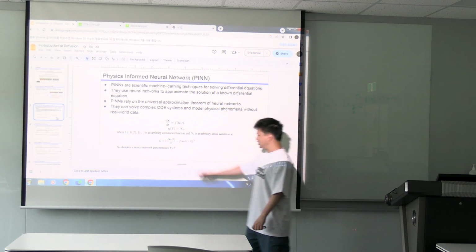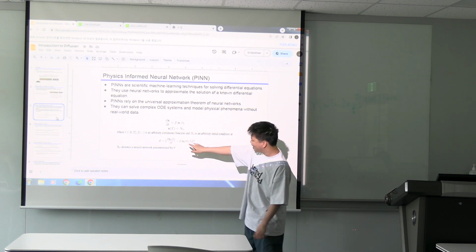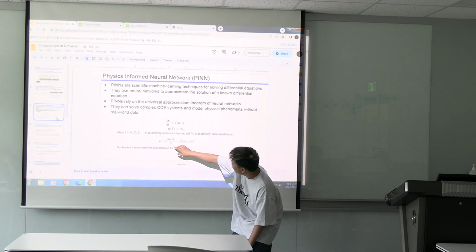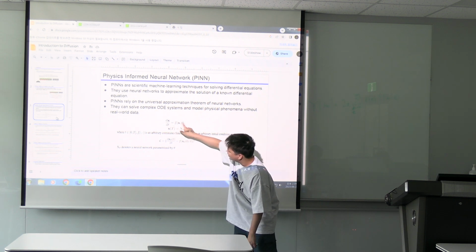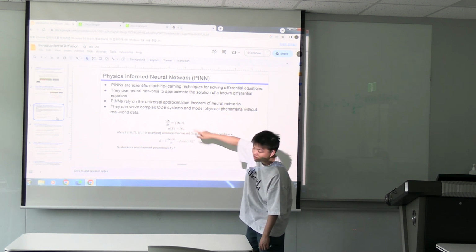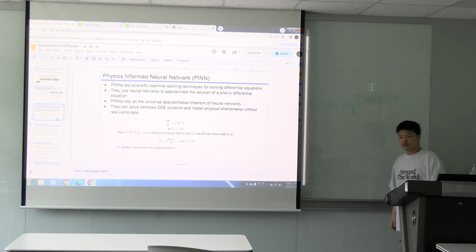So let's say I have a model x theta of t. Once I minimize this and it goes to 0, essentially x theta of t will be a solution to this ODE system. So you are explaining how to solve an ODE system? Yes, arbitrary ODE systems, using the universal approximation theorem of neural networks, which can approximate any function, and therefore can approximate this function.